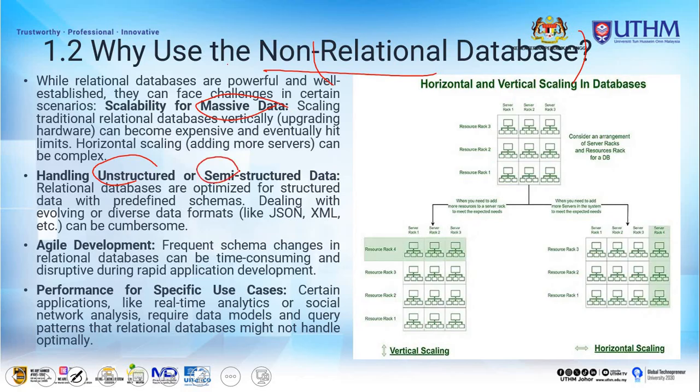Relational databases are optimized for structured data. Last semester we learned about relational database, RDBMS. It's more to structured data, but this non-relational database is more focused on unstructured and semi-structured data. So the agile development, frequent schema changes in relational database can be time consuming.